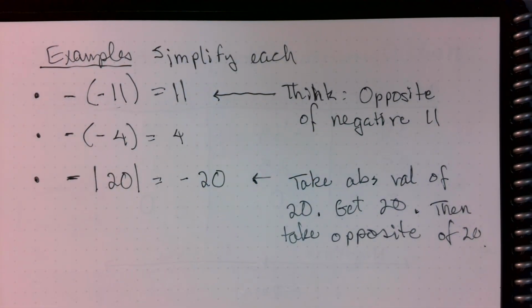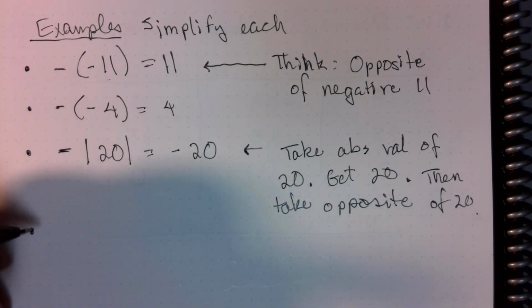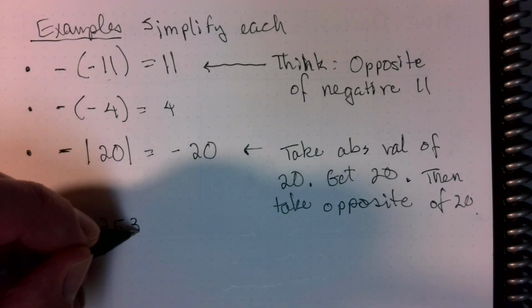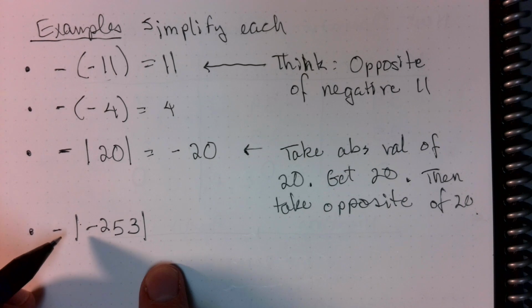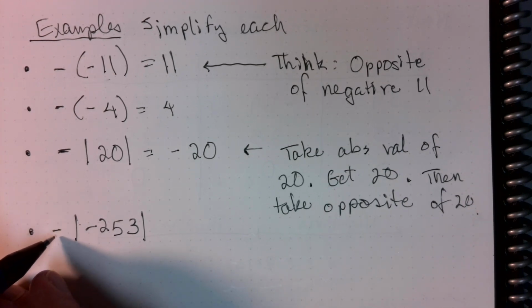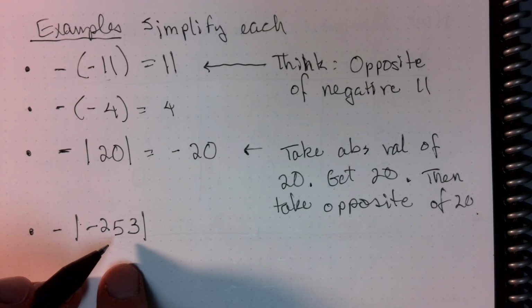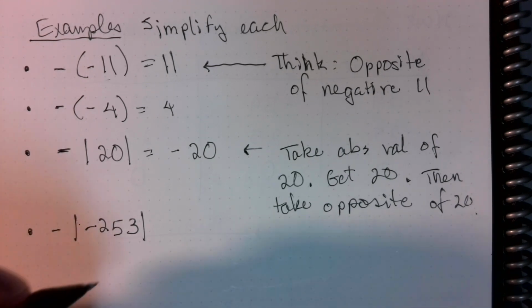Okay, let's do one kind of like this. Let's do negative of the absolute value of -253. Once again, we're dealing with this absolute value first, and we're doing opposite eventually. The opposite of what? Well, it's the opposite of the absolute value of negative 253. So the first thing I have to do is take the absolute value of negative 253.